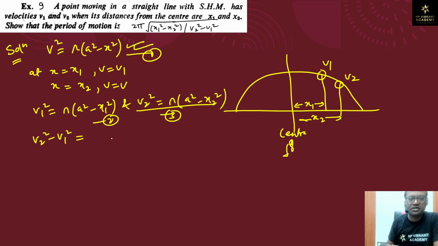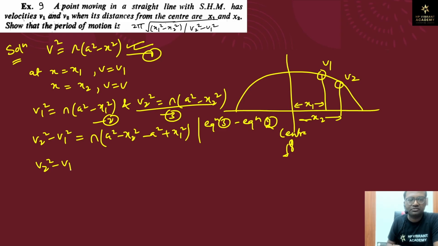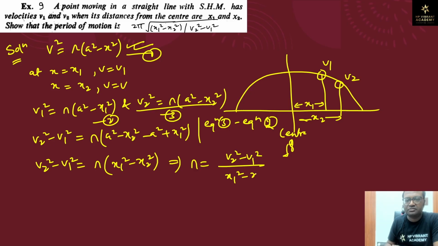So v2 square minus v1 square is equation 3 minus equation 1, equation 2, sorry. So v2 square minus v1 square is equal to mu into a square minus x2 square minus a square plus x1 square, which gives mu into x1 square minus x2 square. So from here mu is equal to v2 square minus v1 square upon x1 square minus x2 square.